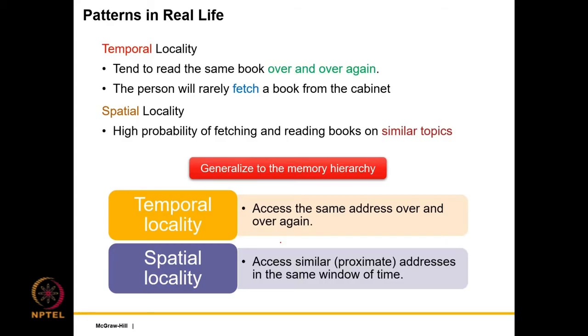And spatial locality is that we access similar addresses which are close by, also called proximate addresses, in the same window of time. So temporal locality is the same thing over and over again, and spatial locality is that in a small window of time we access nearby addresses.